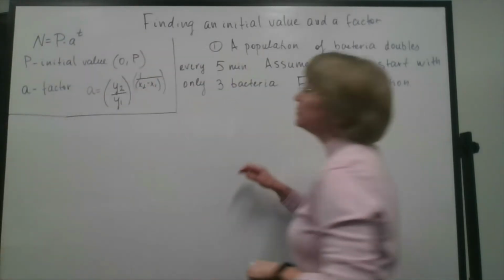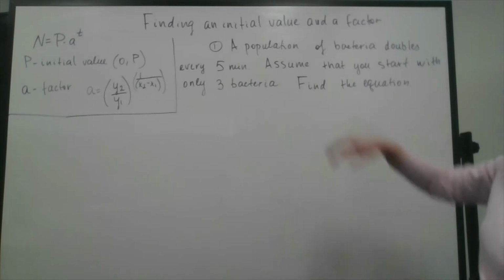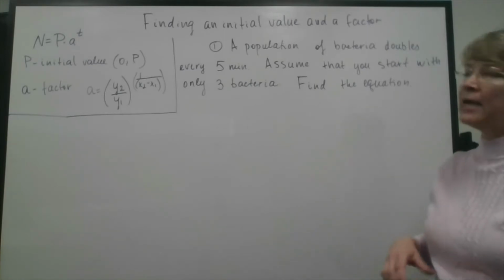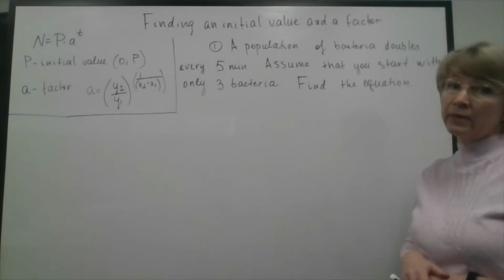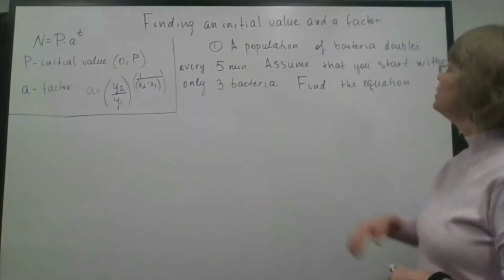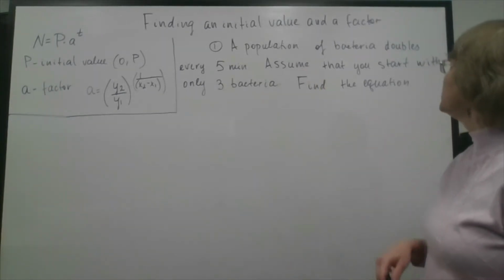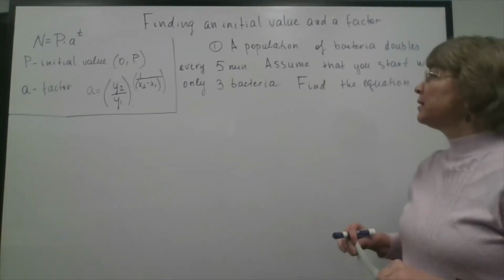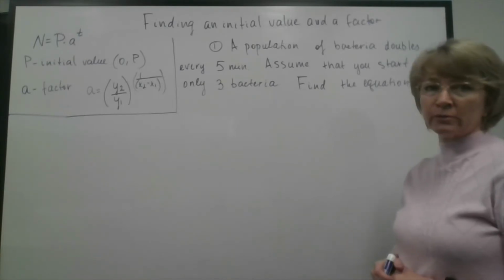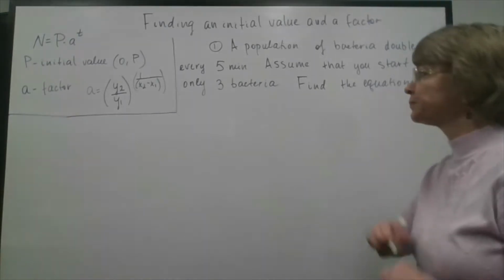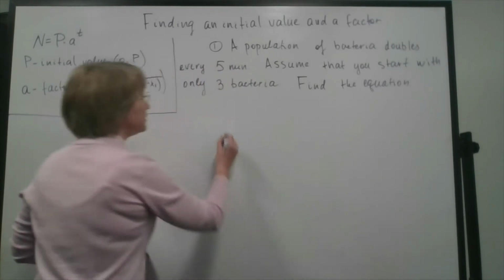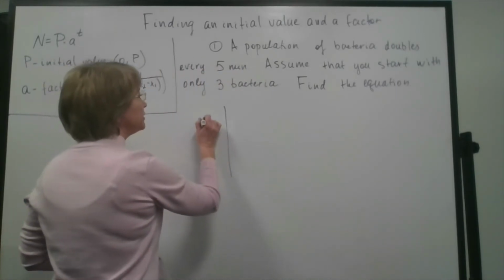Okay, here's an example. A population of bacteria doubles every 5 minutes. We are talking about bacteria. Assume that you start with only 3 bacteria. Find the equation. Let's see. We will start with the table.